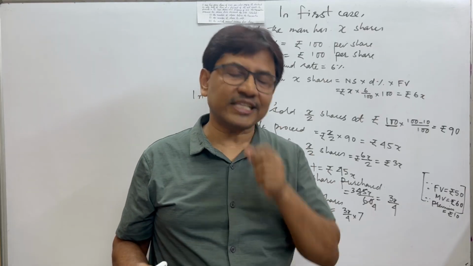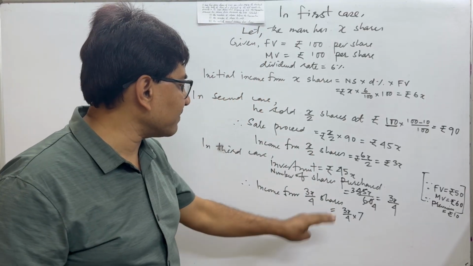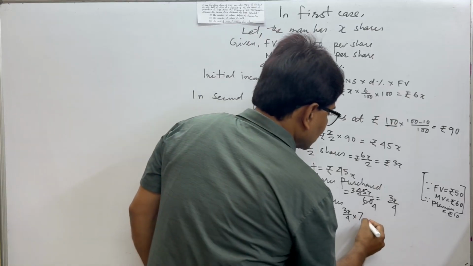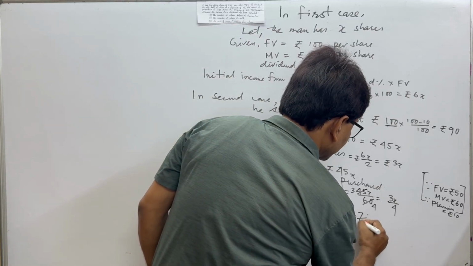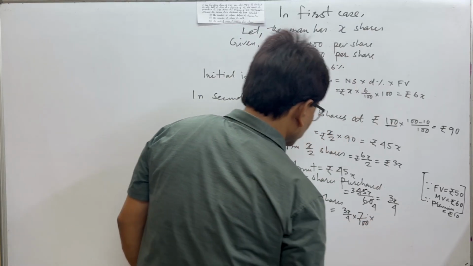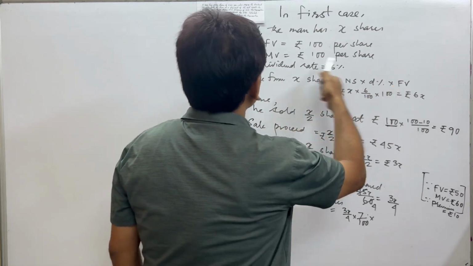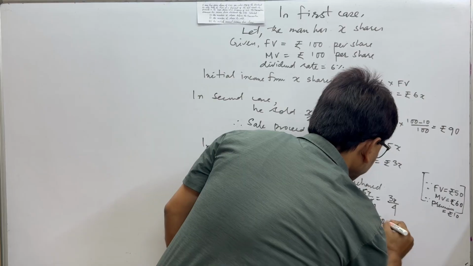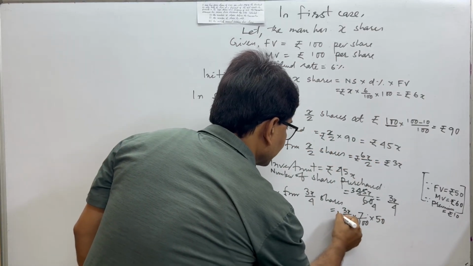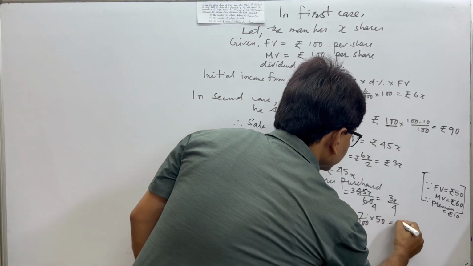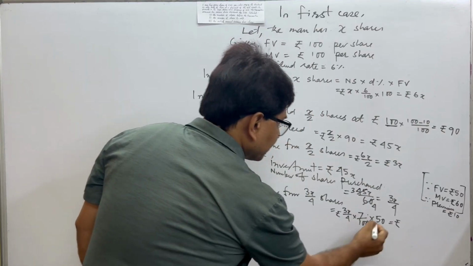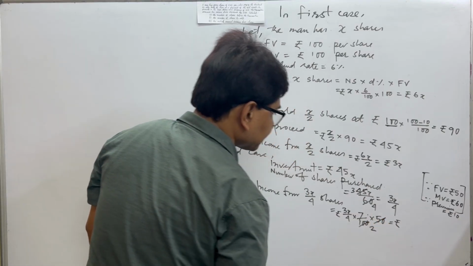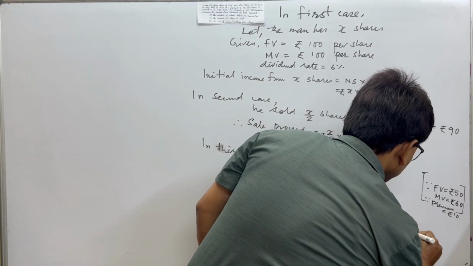So 7% means 7 by 100 into face value. Face value is rupees 50. So what are we getting? Income equals rupees 21x by 8.